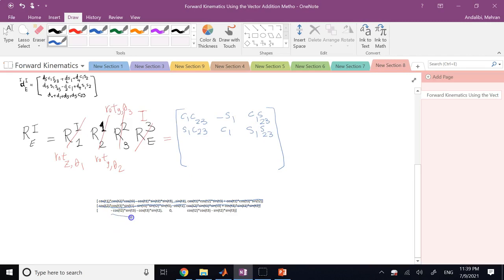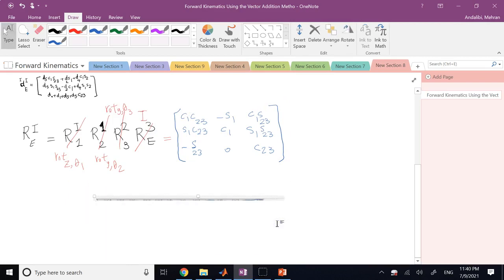And the last one here is negative S23, followed by a 0, and followed by a C23. Right? So this is my rotation matrix of E with respect to I.